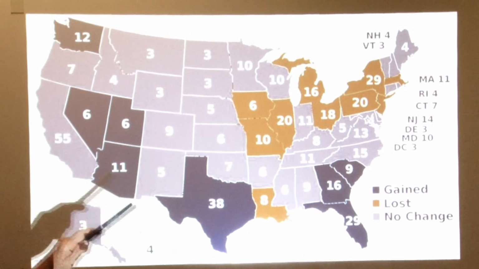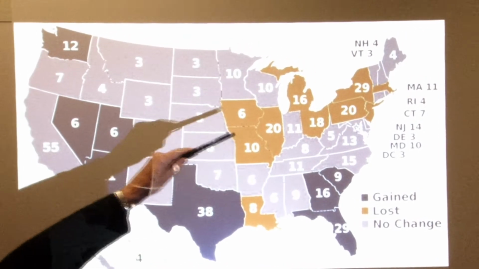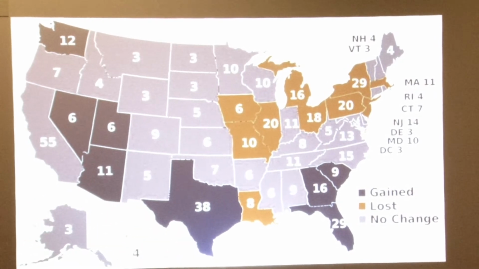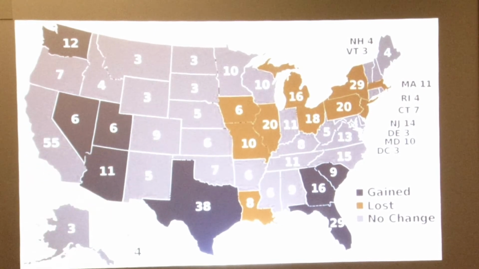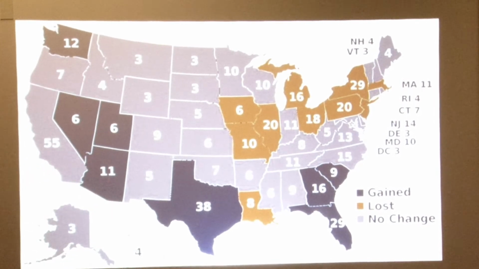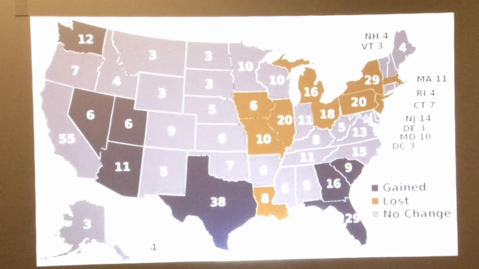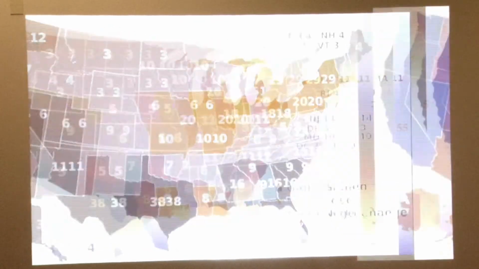A number of states lost up here in the colder areas of the country, and interestingly enough, Louisiana lost the last time. No change are the lighter gray. So these are your representative numbers, but also the important thing for this lecture, these are your numbers in the Electoral College. Okay, let's go to the next slide.